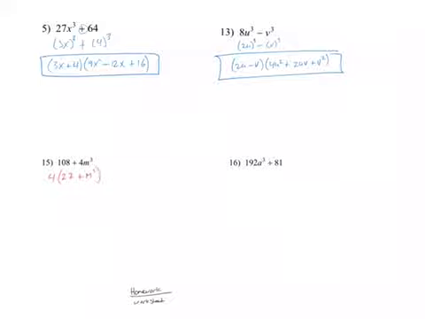Well, now I recognize 27 as being 3 cubed, and m cubed as being, well, m cubed. So I'm going to write that 4 on the outside, kind of ignore that. My a is actually going to be 3 cubed, which is 27.